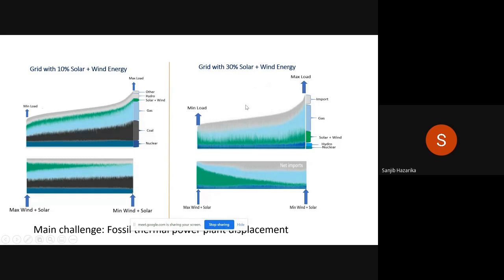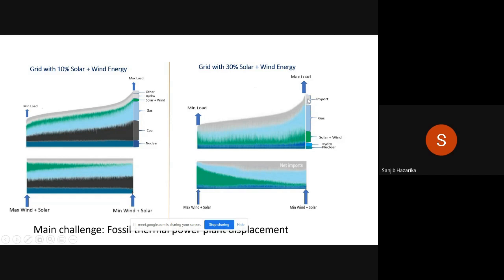On the right side is a grid system with almost 30% solar and wind energy. Here they don't have any coal plant. They get a small amount from nuclear, then hydro, and a big chunk of their energy generation is from solar and wind. Then they have gas-based power plants.